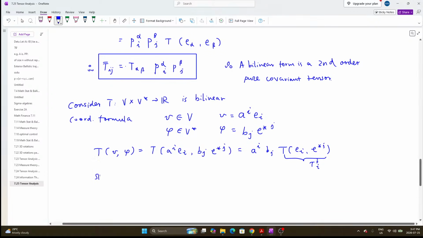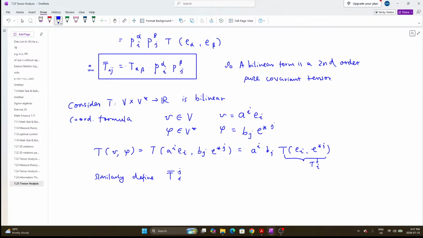And similarly, we define T bar, j upstairs, i downstairs, as T evaluated at the new basis, which is f_i downstairs and f star j upstairs.